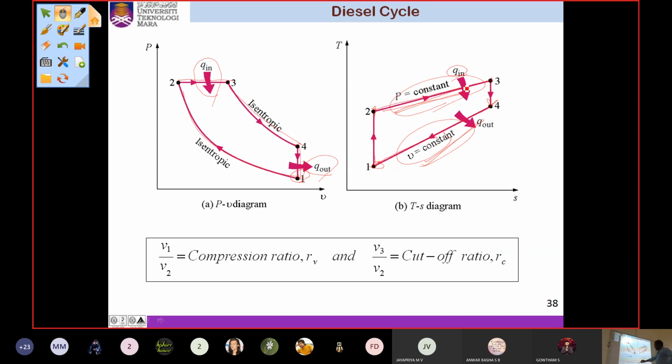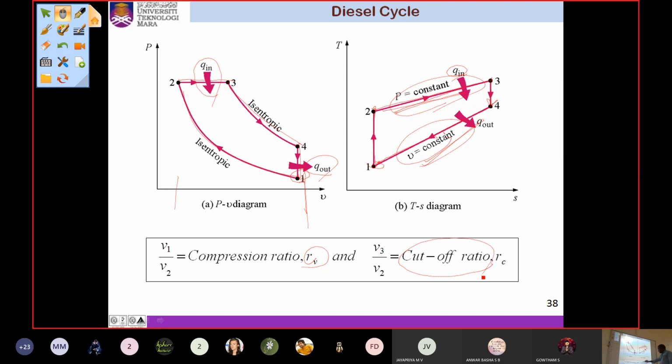Then we have the compression ratio, r_v. Compression ratio means the ratio of volumes, from the highest volume to the lowest volume, the maximum volume to the minimum volume. So the compression ratio is calculated as maximum volume by minimum volume, that is V1 by V2 here. Then we also have the cutoff ratio.